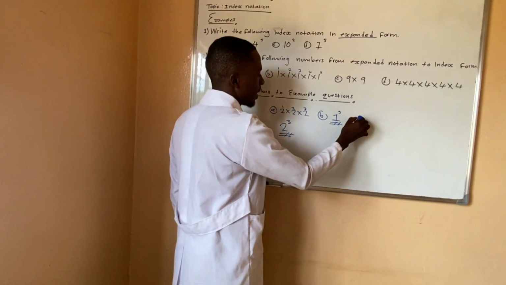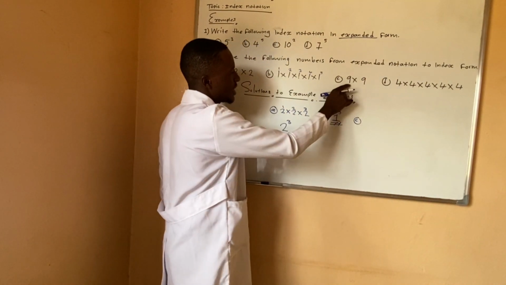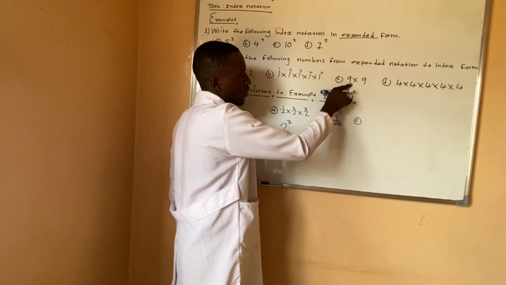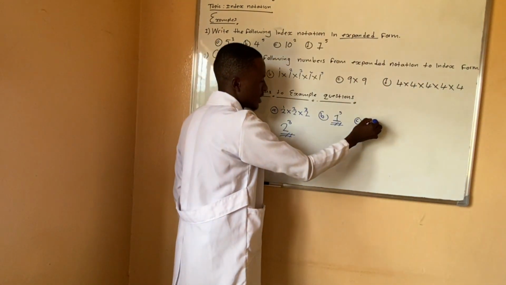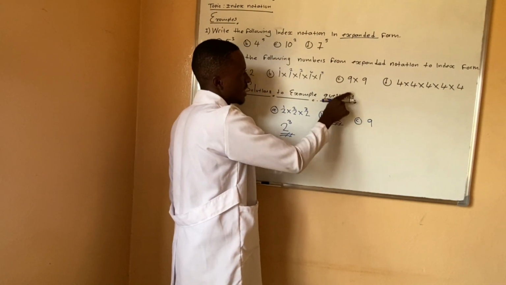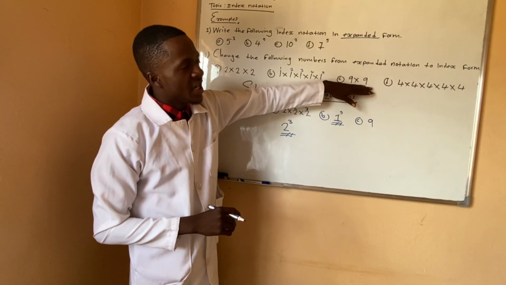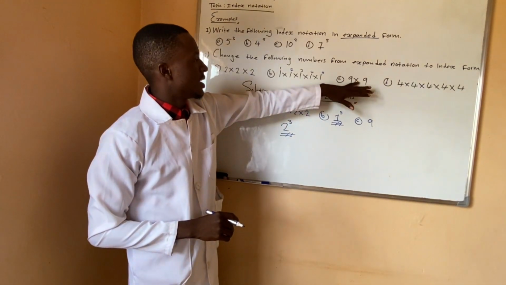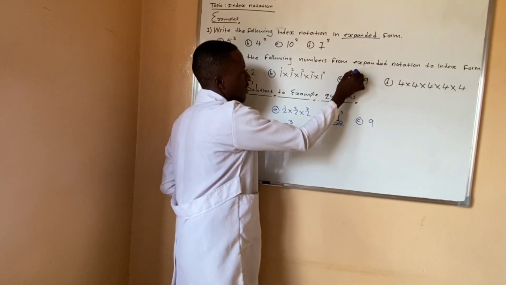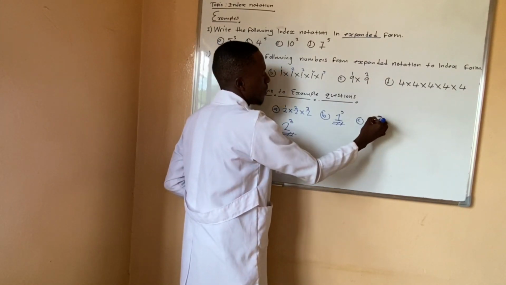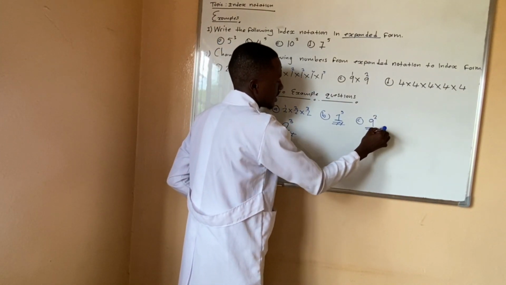I move to part C. In part C, we have 2 numbers which are identical, which is 9. I'll write my 9 like that. Then I'll ask myself, how many times is 9 appearing in question C? It's 2 times. We have 1, 2. So my power will be 2.